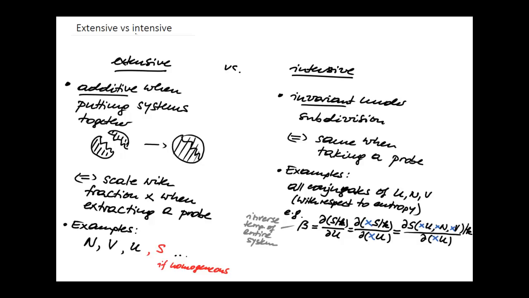But now what I have on the right-hand side, this is the inverse temperature of the probe, because the thermodynamic properties of the probe are characterized by the entropy function S as a function of x times U, x times N, x times V, and the probe has in particular the internal energy x times U. When I take the partial derivative of this entropy function with respect to x times U, so with respect to the energy of the probe, then I get the variable that is conjugate to the energy of the probe, and that is the inverse temperature of the probe.